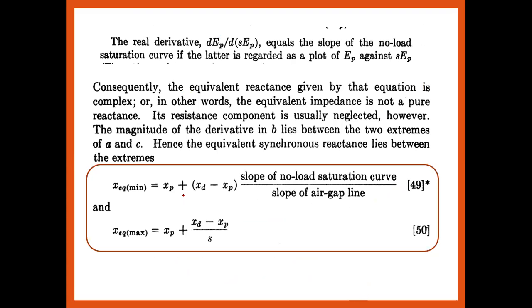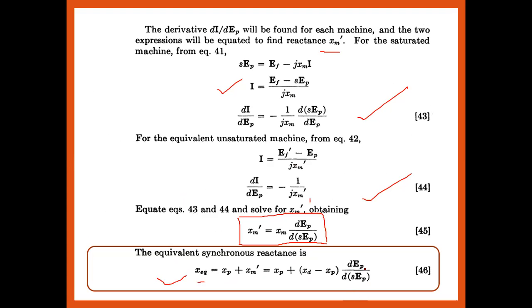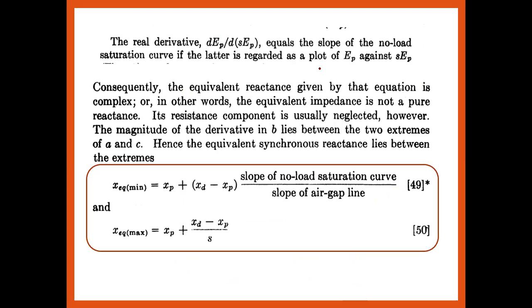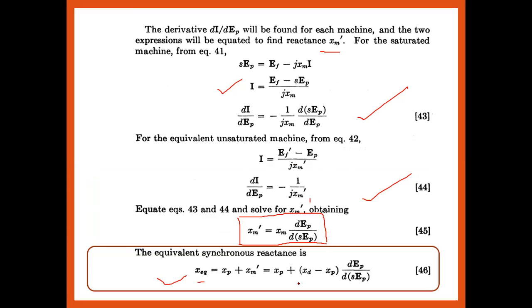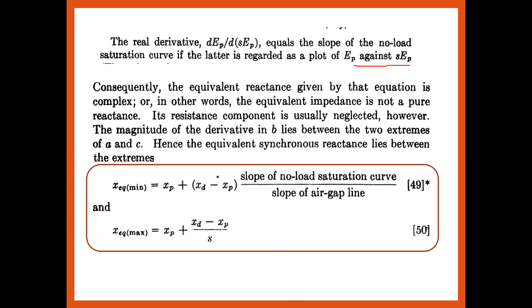The real derivative, dEP upon d(S EP), is called the slope of the no load saturation curve when regarded as the plot of EP against S EP. The equivalent reactance given by that equation is a complex parameter, but in simple words, the resistance component is generally neglected.